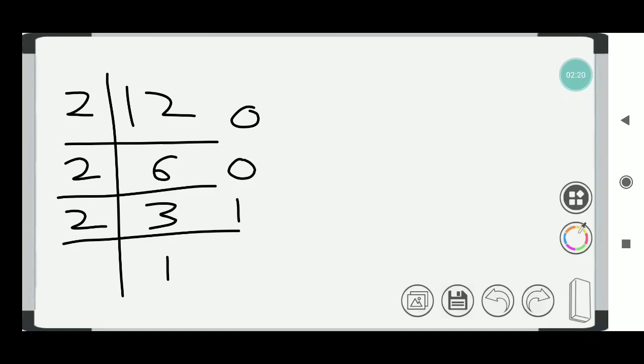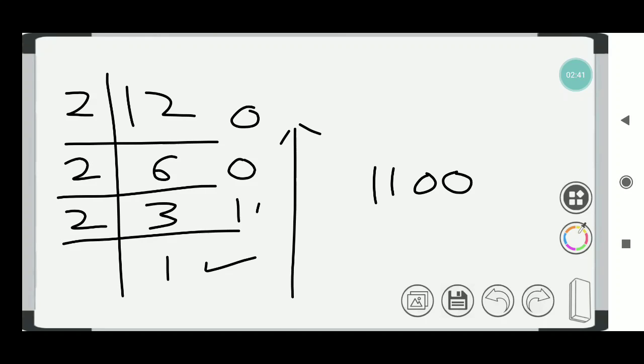Okay, so the remainders are 1, 1, 0, 0. Okay, we have to count these remainders from downwards to upwards. So 1, 1, 0, 0.